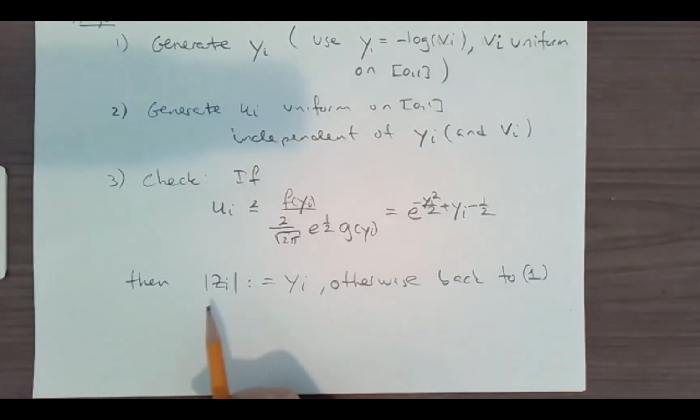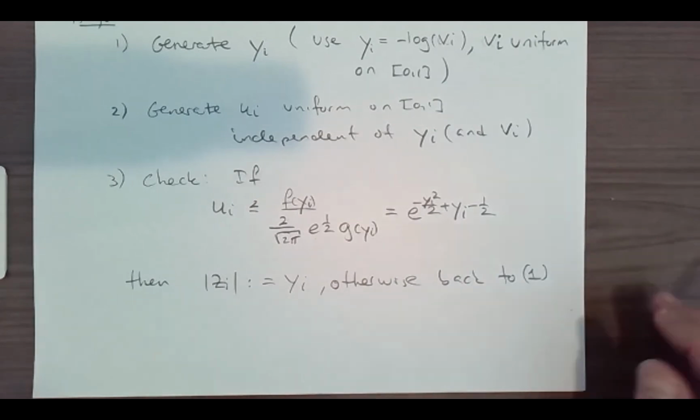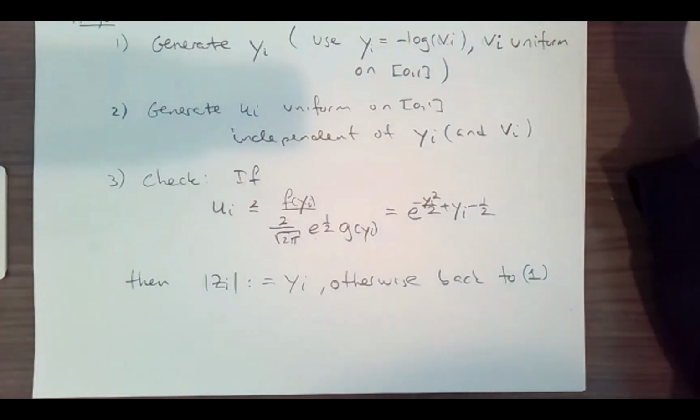So this is how you'll generate samples of the absolute value of the normal distribution.